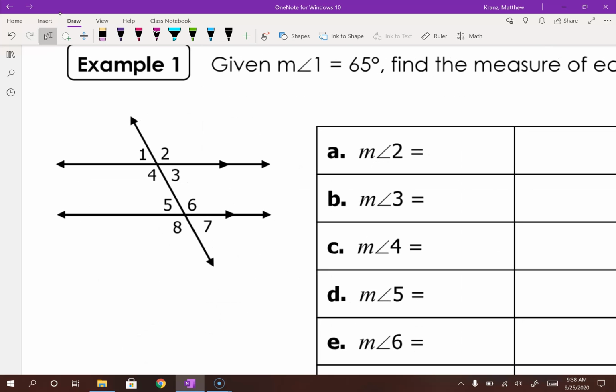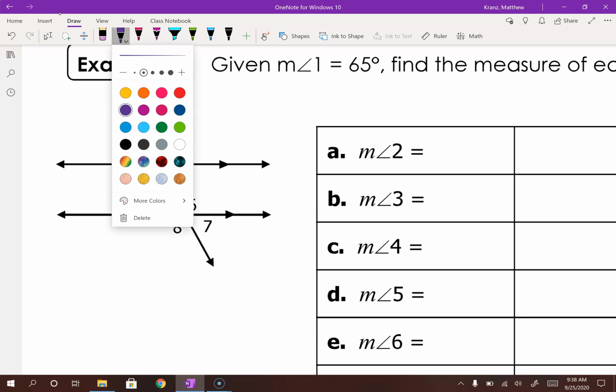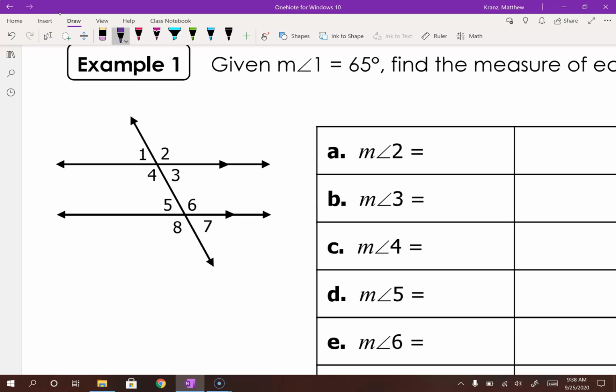But it tells me that angle 1 is 65 degrees. So if angle 1 is 65 degrees, aren't these a linear pair? And they equal 180. So that means if angle 1 is 65, angle 2 must be 115. Now, aren't these a linear pair? And don't they have to equal 180?